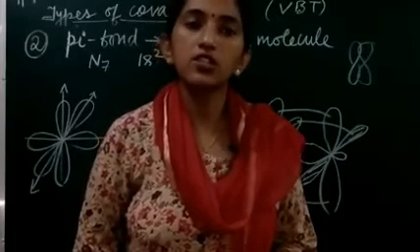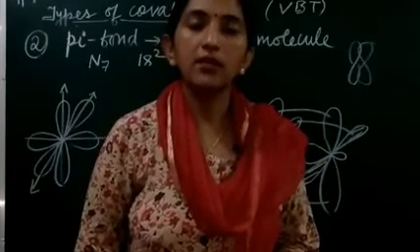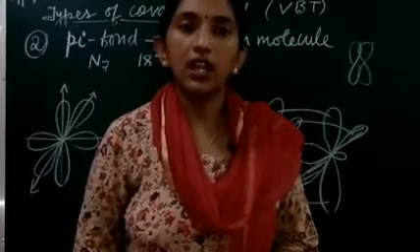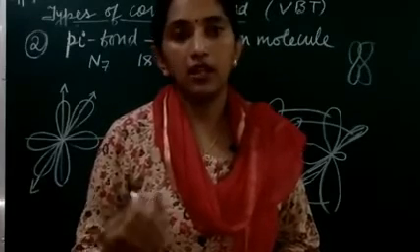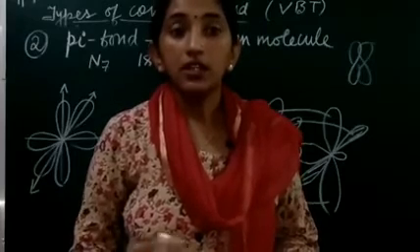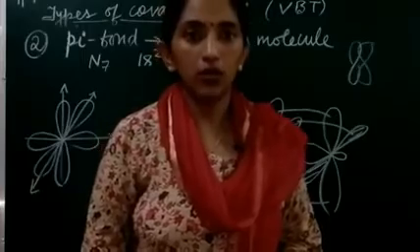So there is a symmetrical distribution of the electron cloud along the internuclear axis, whereas in the pi bond, the electron cloud is distributed above and below the internuclear axis. So it is not as symmetrical a distribution as is found in the sigma bond, right?